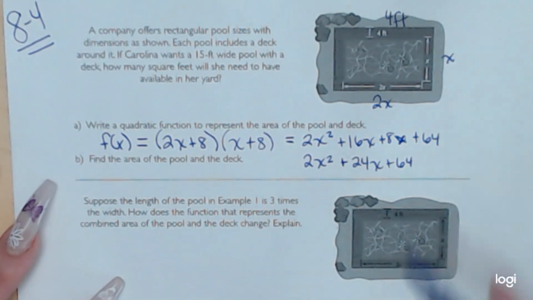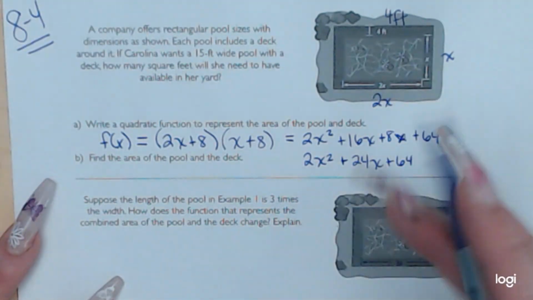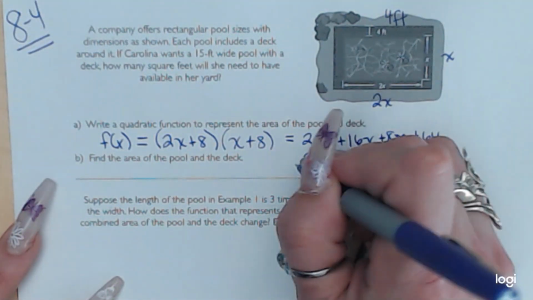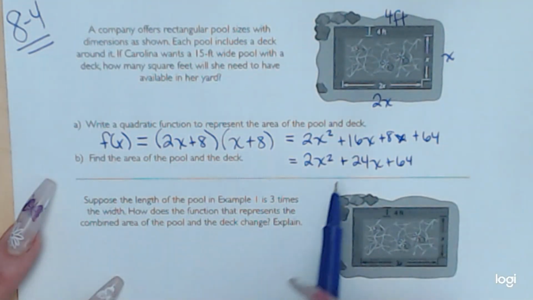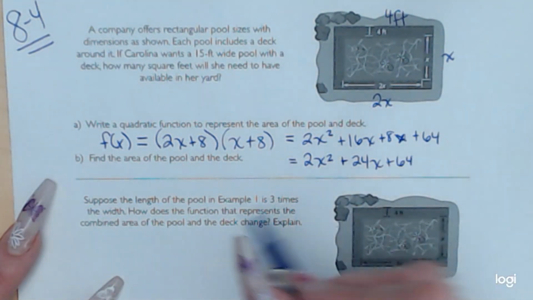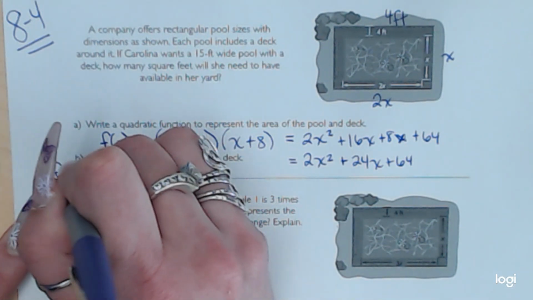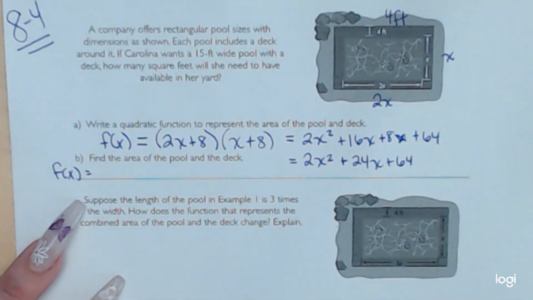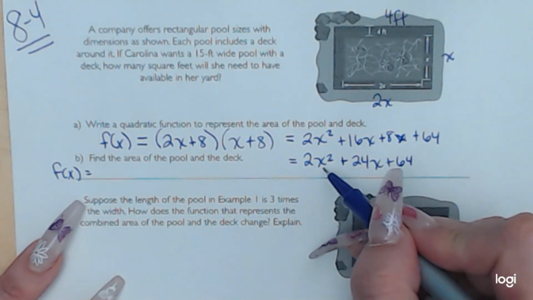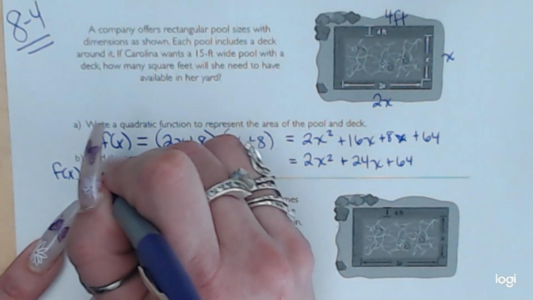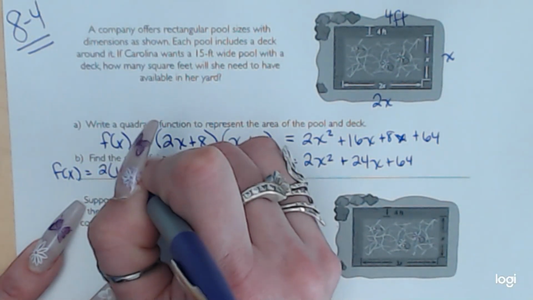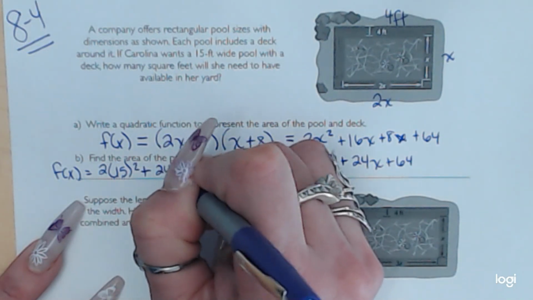So converting it, just multiplying it out to get our standard form, is going to be much faster now to substitute in the exact width that Carolina wants. So she wants 15 feet for the width. So every time we see an x, because that's the width, we're going to plug that in.